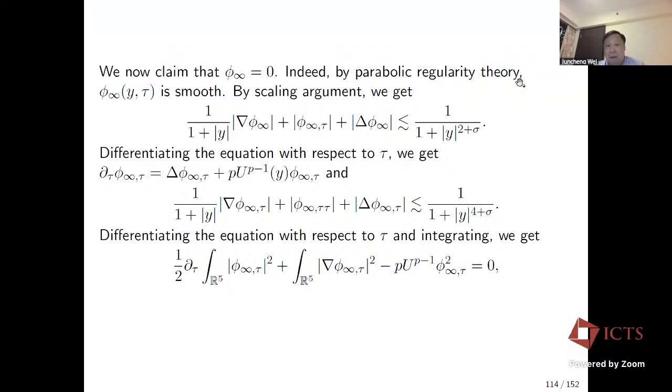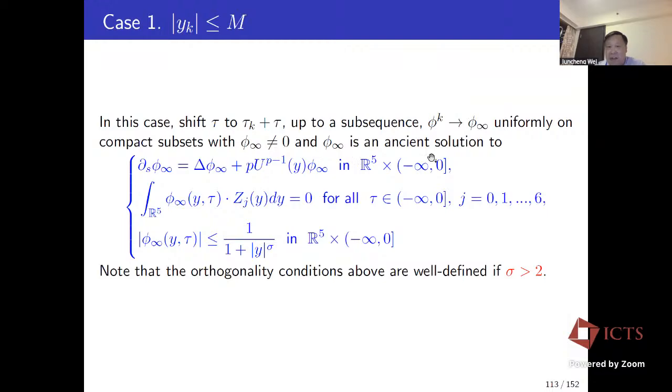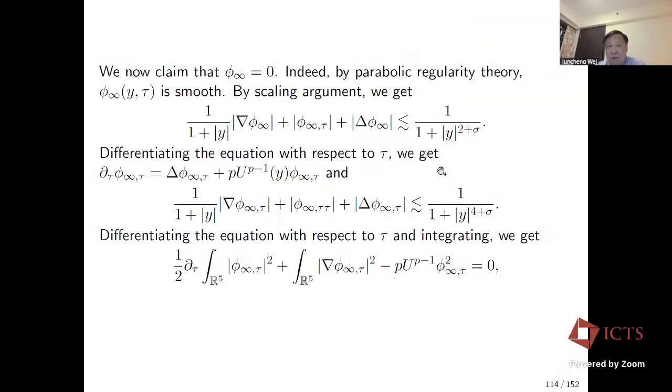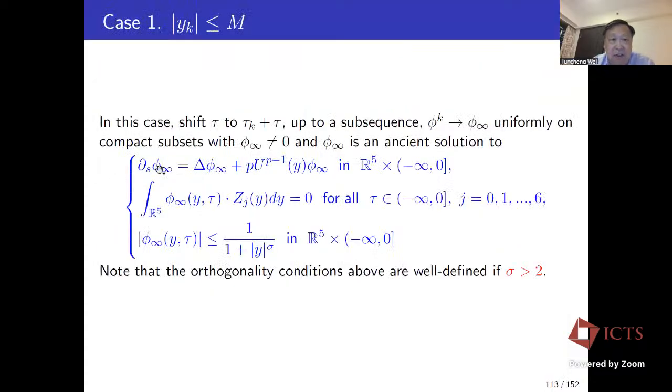By parabolic regularity theory, we have smoothness because this is an ancient solution from minus infinity to 0, and by scaling argument, we have all the decay. So now we differentiate. The idea is to show that d_s phi infinity is 0, and then we use the elliptic non-degeneracy. To show that d tau d s equals 0, we differentiate this equation one more time.